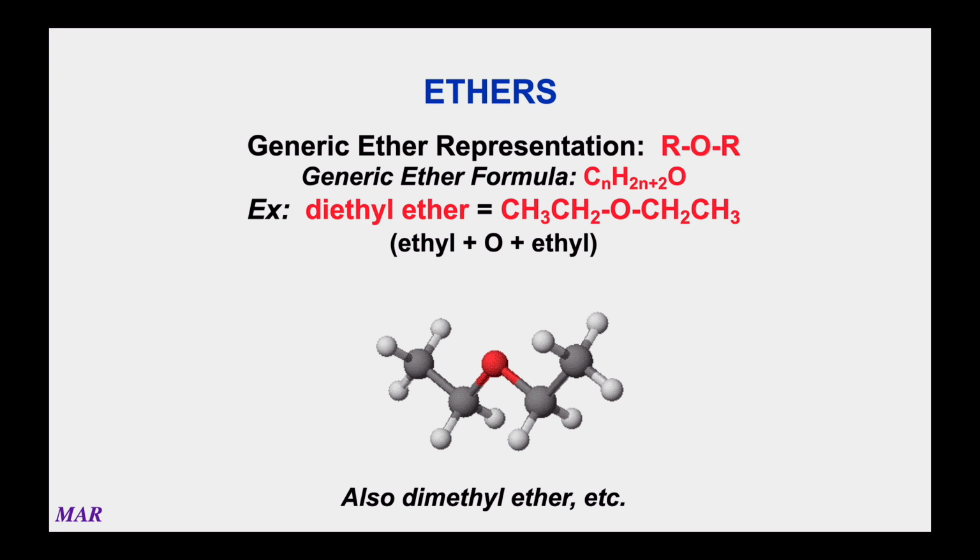Ethers are actually really good solvents a lot of times for chemical reactions in organic chemistry. Diethyl ether is a super important organic chemical, and diethyl means two ethyls connected by an oxygen. That's what the ether is, diethyl ether. Diethyl ether used to be a compound that you could go and buy at Fred Meyer's, Home Depot, stuff like that, but now it's a controlled substance.